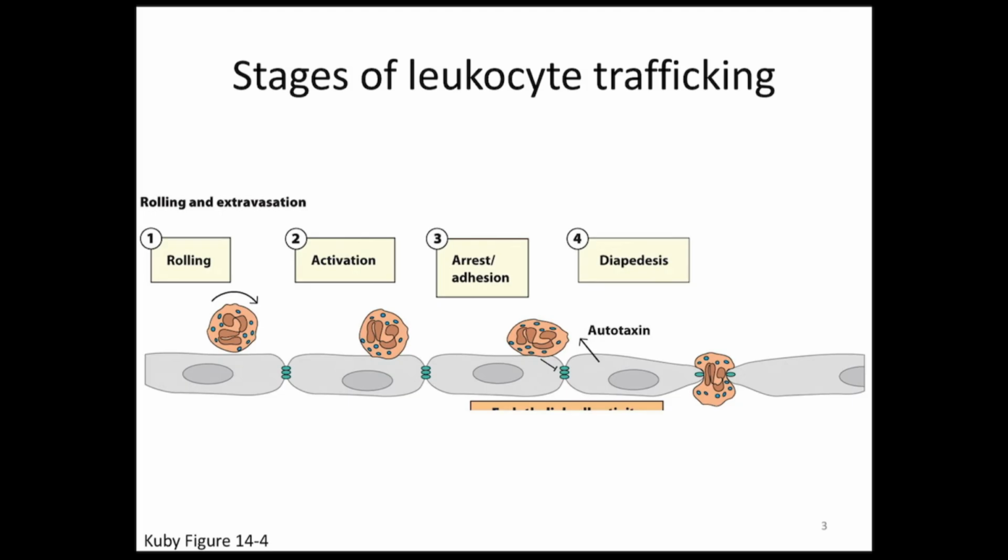One of the reasons why we're talking about this now is because we're thinking about naive T cells and B cells in the lymph node leaving the blood vessel. And so they are going to be leaving through a particular type of vein.